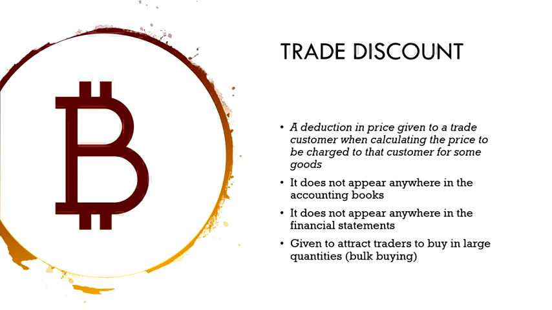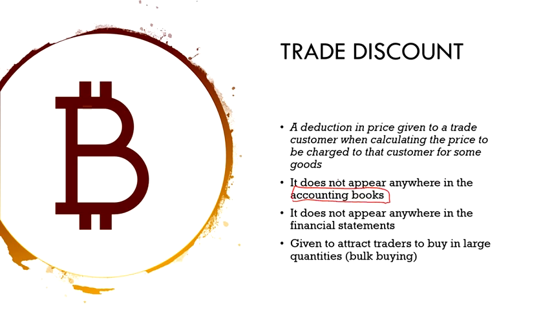Okay, so let's see in detail what is the meaning of trade discount. So trade discount is a deduction in price given to a trade customer when calculating the price to be charged to that customer for some goods. Trade discount does not appear anywhere in the accounting books, as we are not going to record the trade discount.